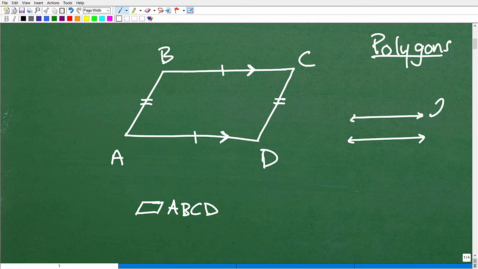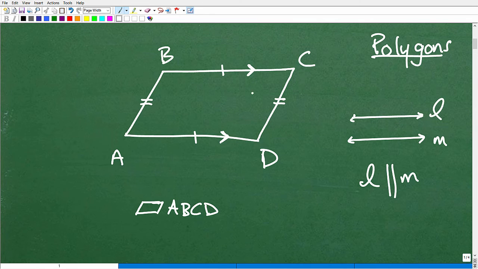Another way we can indicate parallel lines: let's say I have line L and line M, and they are parallel to one another, they're never going to cross. I could just say L is parallel to M. This is a very common way of writing this, if I'm calling this line L and this line M. But on a figure, this is the way you would see it.